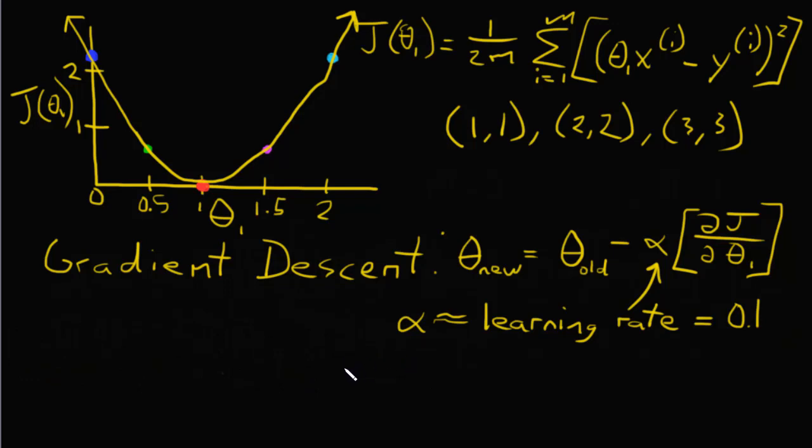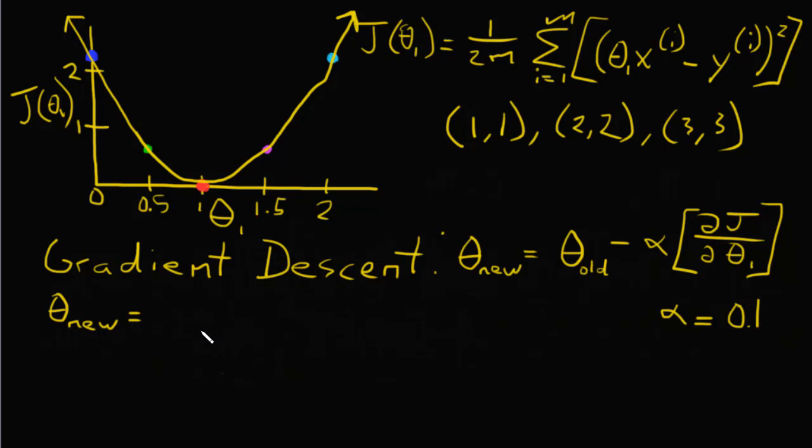I've talked about it, and I can even erase most of this and just rewrite it as alpha equals 0.1. Okay. So now my new theta is going to be my old theta, which I said I'm going to start with a guess of 0, minus 0.1 for my alpha times the slope of my cost function with respect to theta 1.